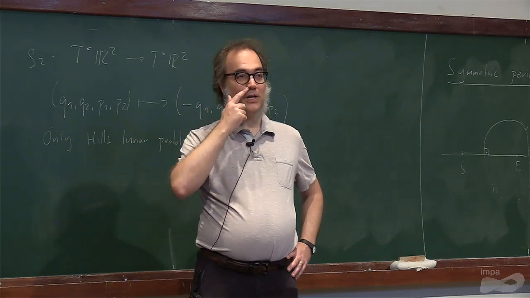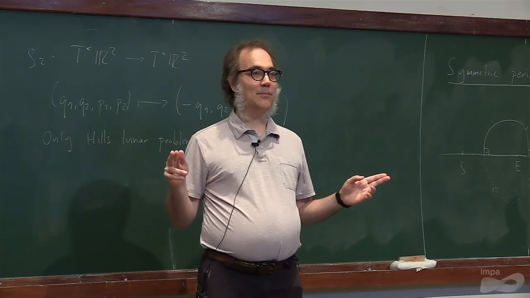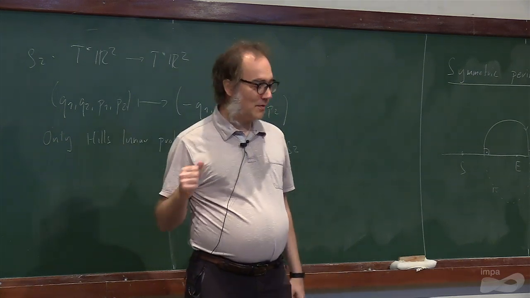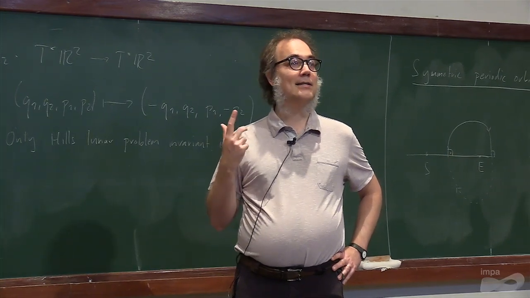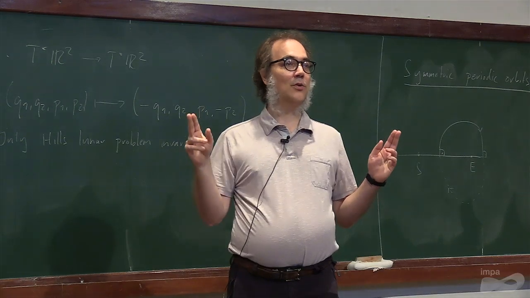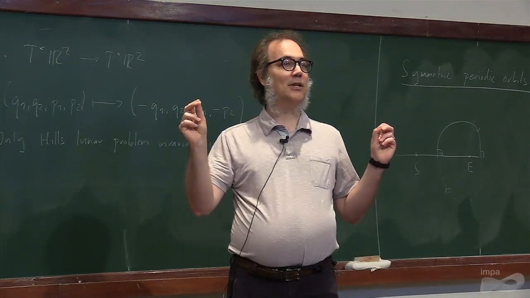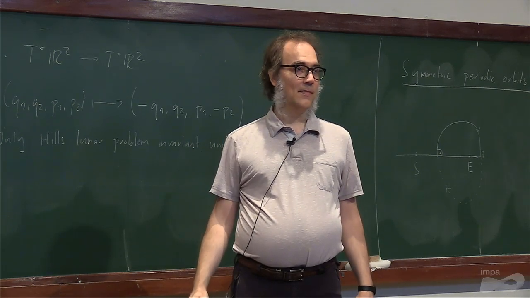So the moon is rather periodic. It's not completely periodic, but almost periodic. So that was Hill's idea, to describe the moon. The moon should be very close to a periodic orbit. Let's try to find this periodic orbit, which is a good approximation to the moon.